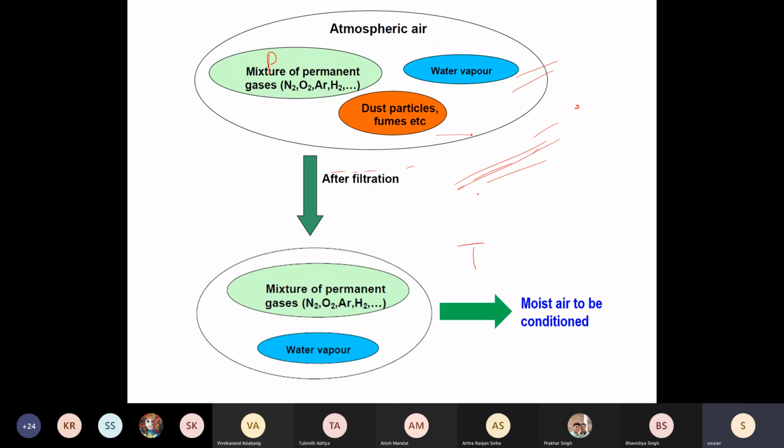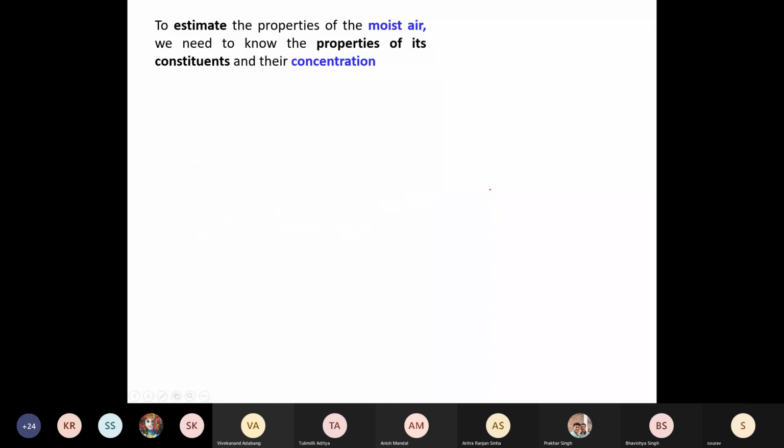The next slide. The most important property which many of us are confused about and find difficult to understand is the moisture content. How to treat and how to evaluate the amount of moisture present in the air.